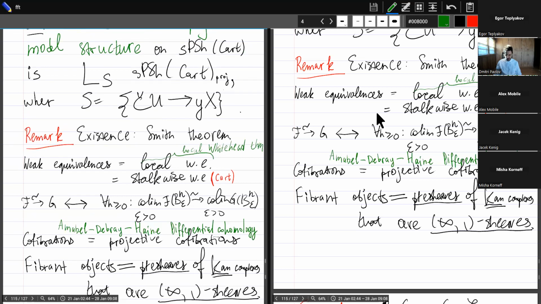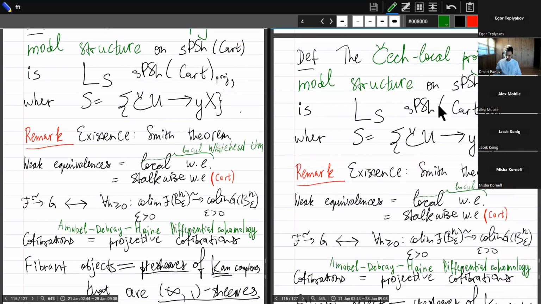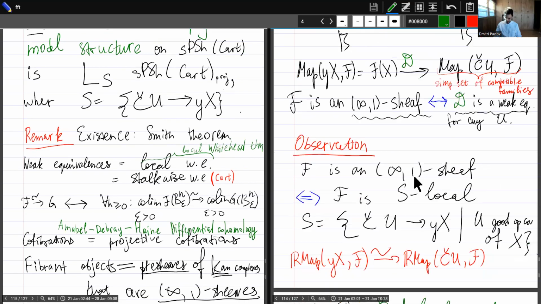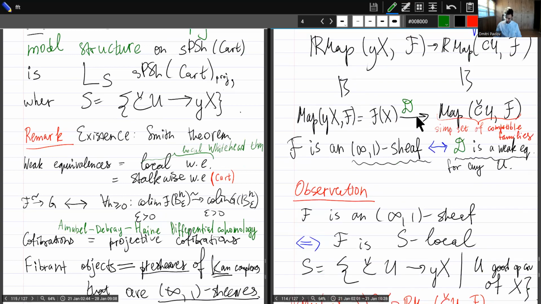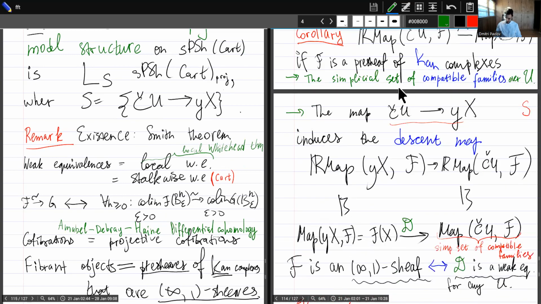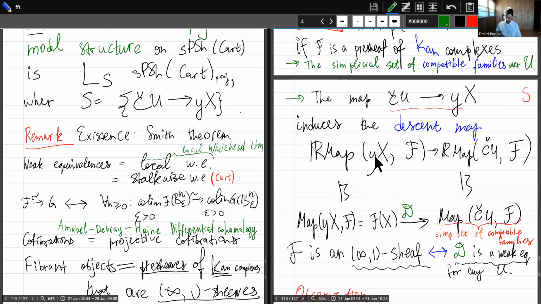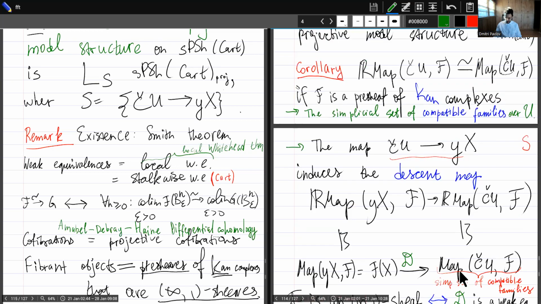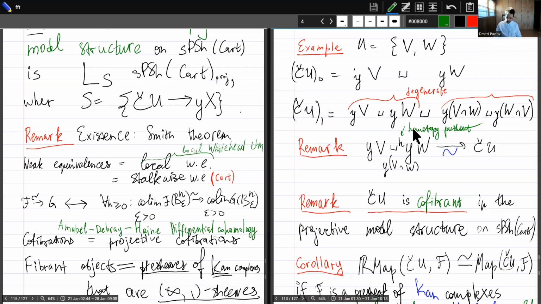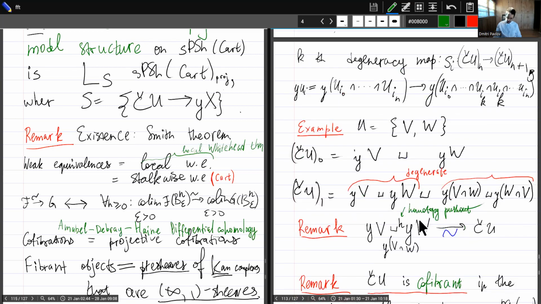And I think last time we actually tried to consider the examples. Yeah, we saw how the Čech map induces the descent map. In fact, we also considered a simple example of open covers with two elements.